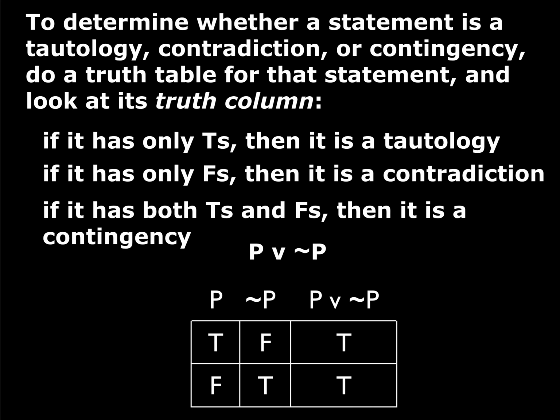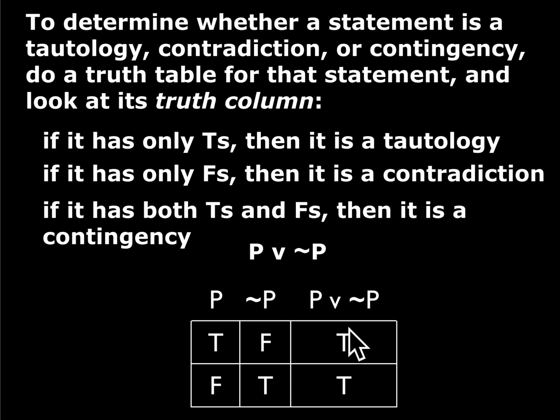So step one is you do a truth table for the statement like we did here, and then you look at its truth column, which is the column of T's and F's under that statement. And then you just see there's three possibilities. It has only T's, right? That whole column is nothing but T's. If that's the case, then it's a tautology, and this one is a tautology because it's only T's.